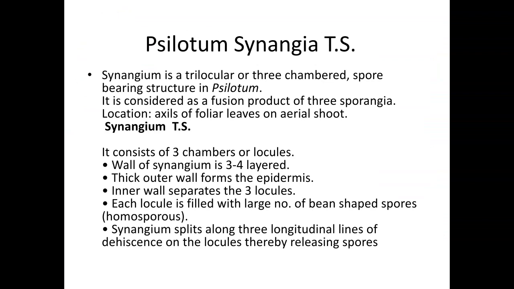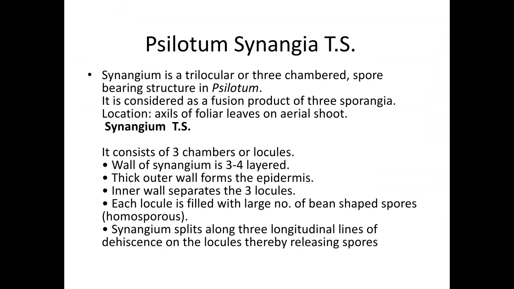Synangium is a trilocular or three-chambered spore-bearing structure in Psilotum. It is considered as a fusion product of three sporangia. Location: axils of foliar leaves on aerial shoot. Synangium TS consists of three chambers or locules. Wall of synangium is 3 to 4 layered.